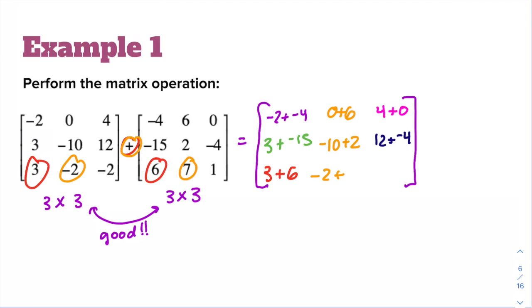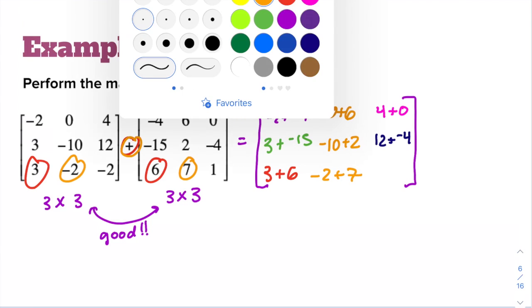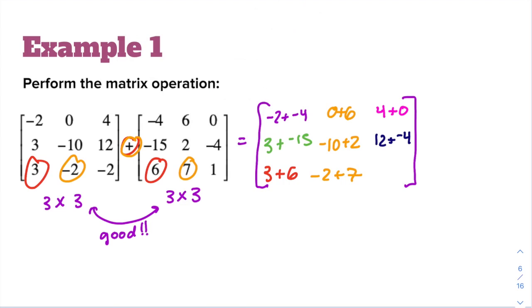I picked all orange in that middle column. That's kind of funny. And then -2 plus 1. Obviously, you're probably going to be able to start doing that in your head. I just wanted to show you the written out example.